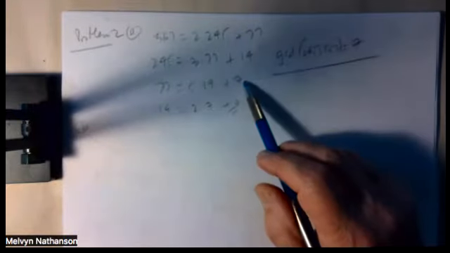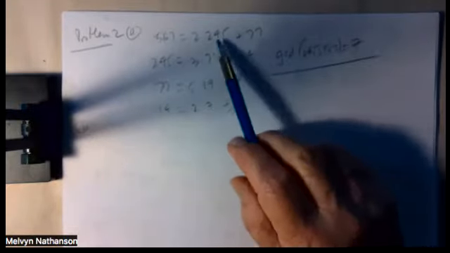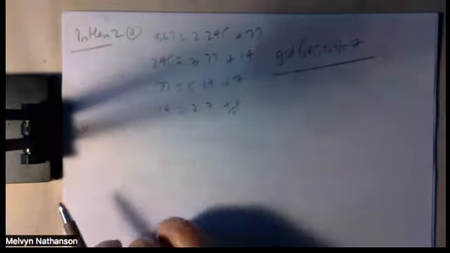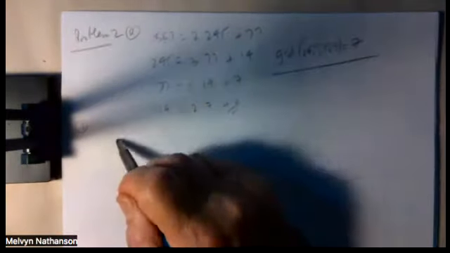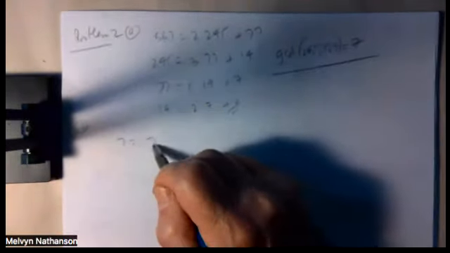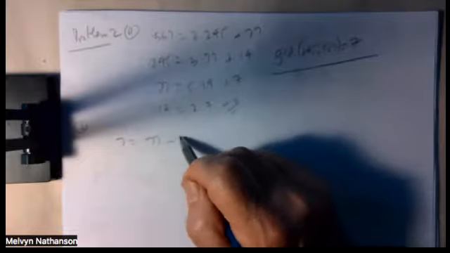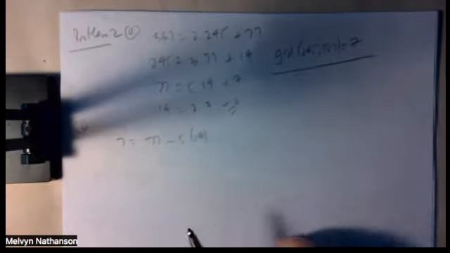And then to write 7 as a linear combination of 245 and 567, we work backwards. According to this, 7 is 77 minus 5 times 14.